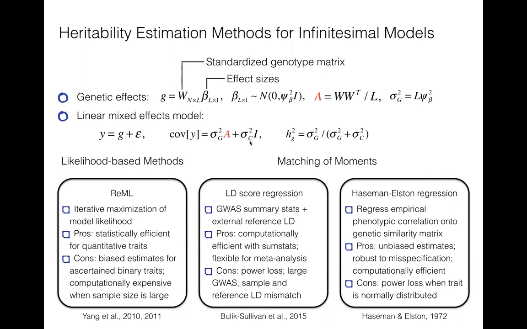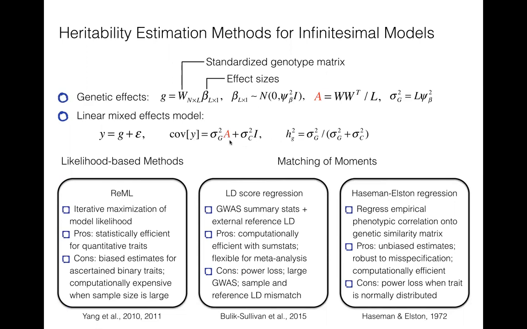Over the past several years, there have been many extensions to this basic model. For example, we can have different ways to quantify the empirical genetic similarity between individuals, in contrast to this simple linear correlation of the genotype.